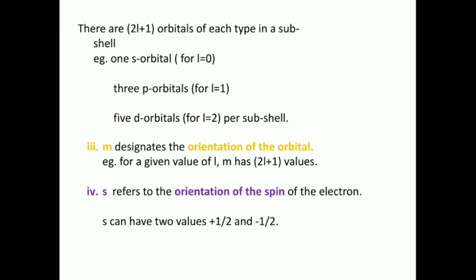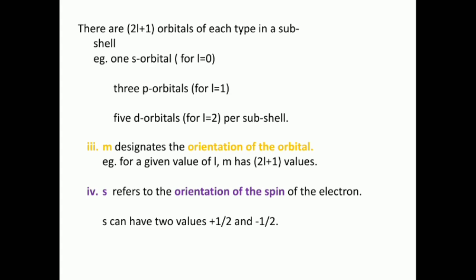It ranges from minus 1, 0 and plus 1, which gives the 3 p orbitals, px, py, pz. And likewise 5 d orbitals: minus 2, minus 1, 0, plus 1, plus 2. Okay. And number 3, the magnetic quantum number m, designates the orientation of the orbital.